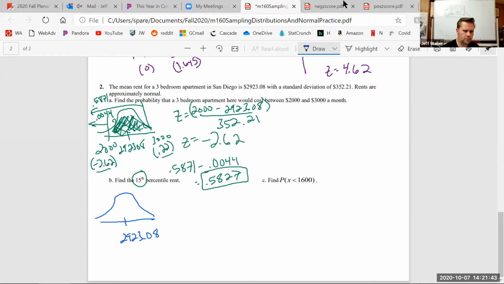On the left. Yep, definitely, because now it's only supposed to have a little 0.15 down there. So this will be the rent that only 15% of the population pays less than that for a 3-bedroom apartment. So I need to first figure out the z-score, and then I can use that backwards formula to figure out the rent, just like before.